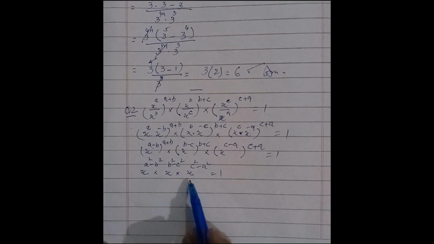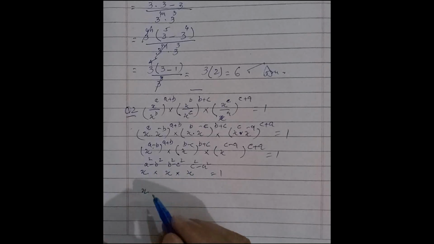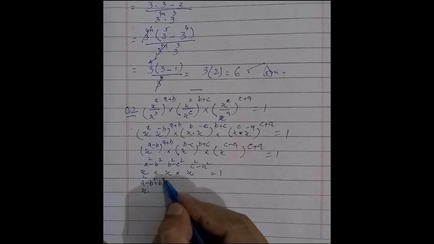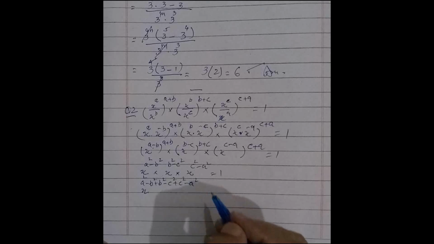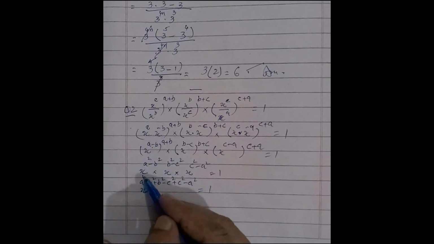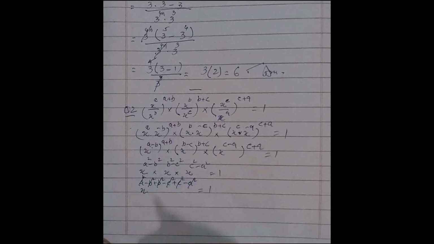And here x is the base, and when the base is the same, the powers are added. We get x power a square minus b square plus b square minus c square plus c square minus a square is equal to 1. Now we simplify all these values. Plus a square cancels minus a square, minus b square plus b square, minus c square and plus c square.